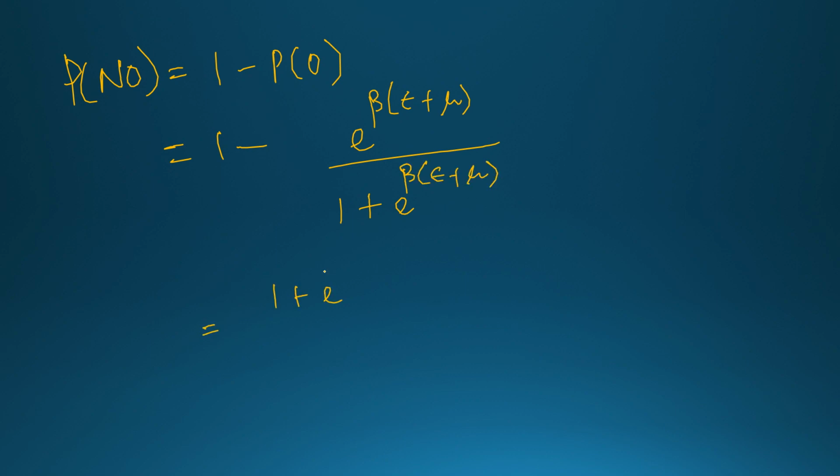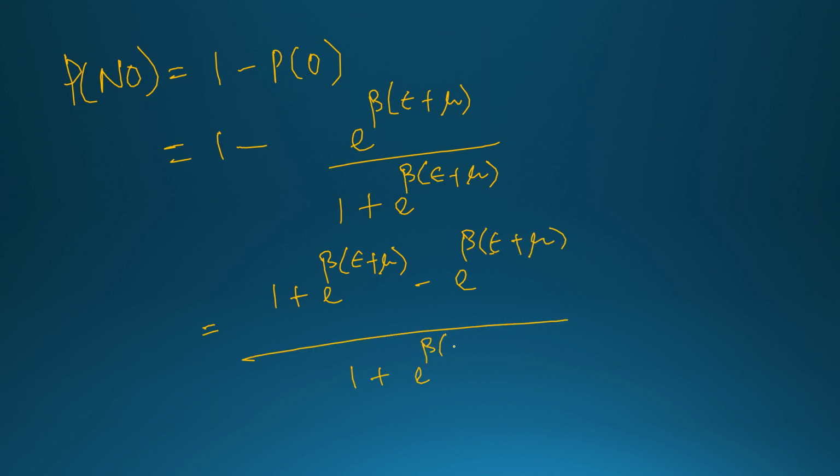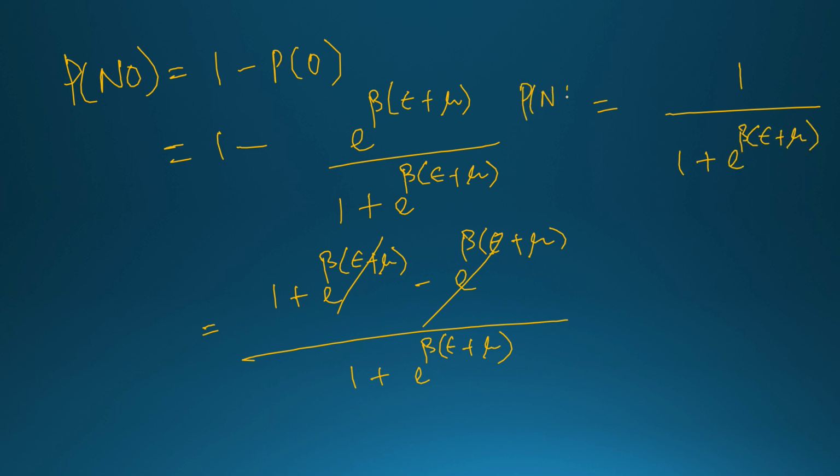So it is 1 by 1 plus e to the power beta (epsilon plus mu). That is the probability of not occupied.